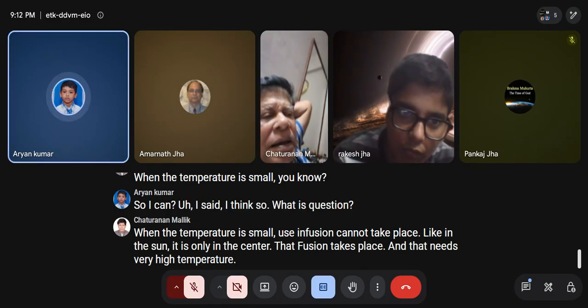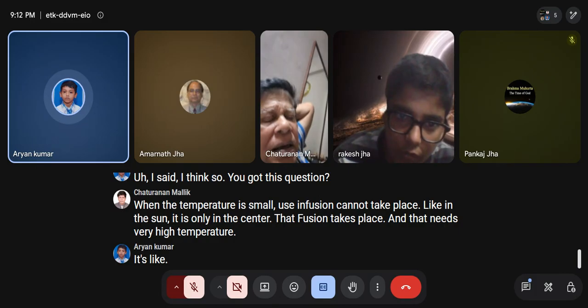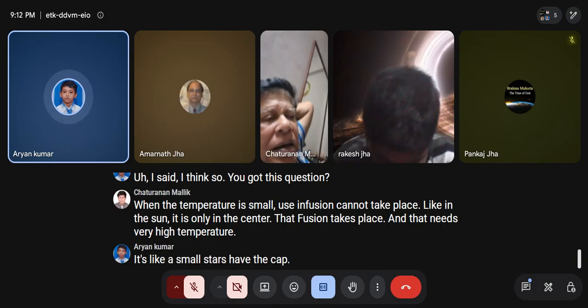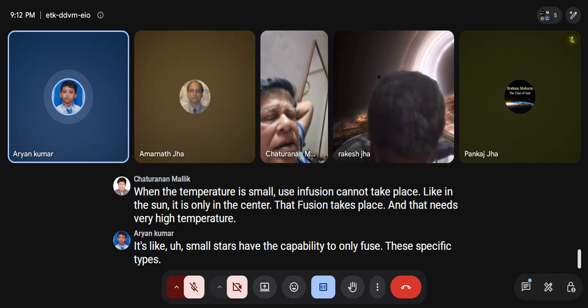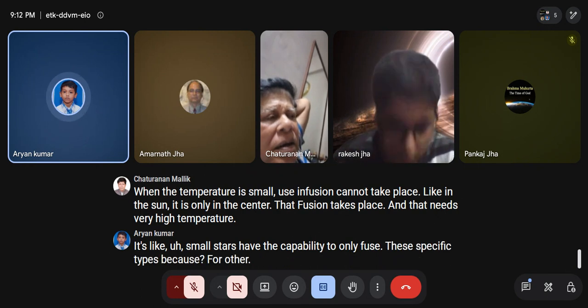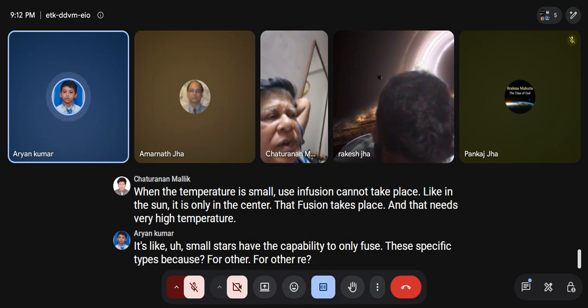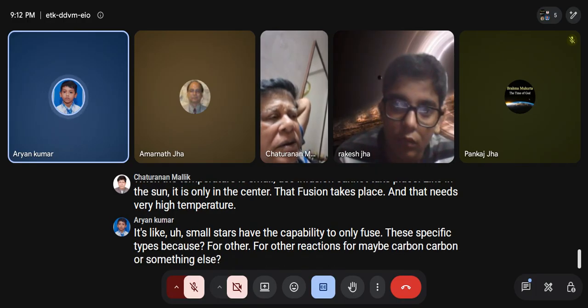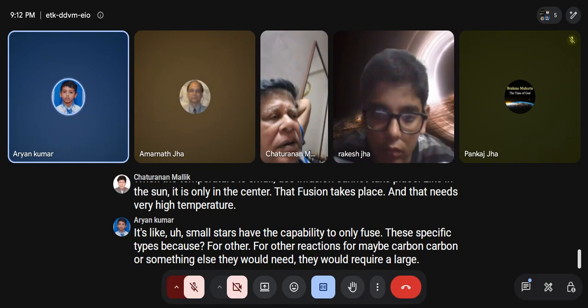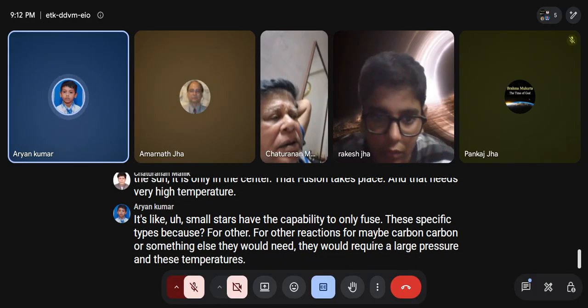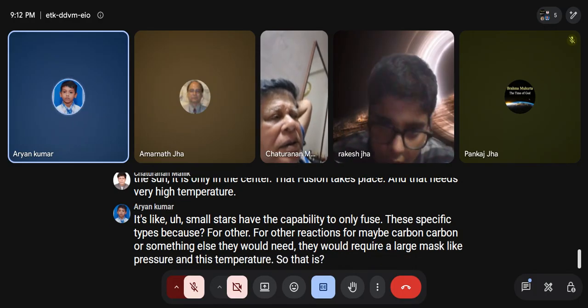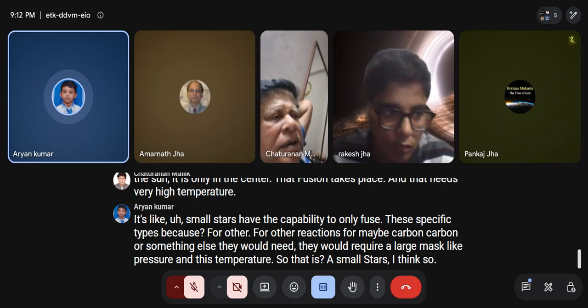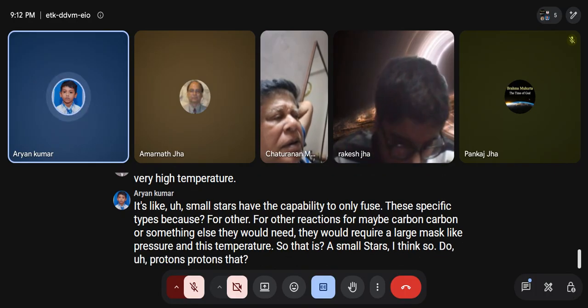I got his question. Small stars have the capability to fuse only these specific types, because for other reactions, maybe carbon or something else, they would require a larger mass, more pressure and higher temperatures. That is why small stars do the proton chain reaction.